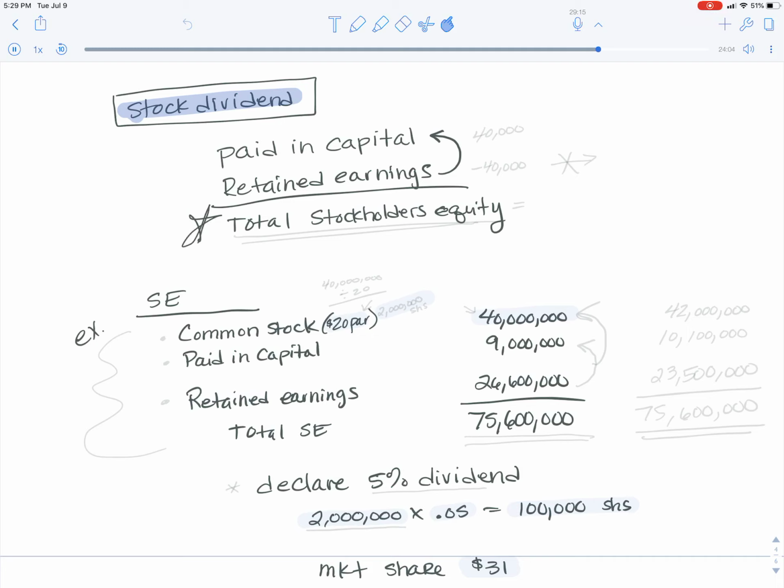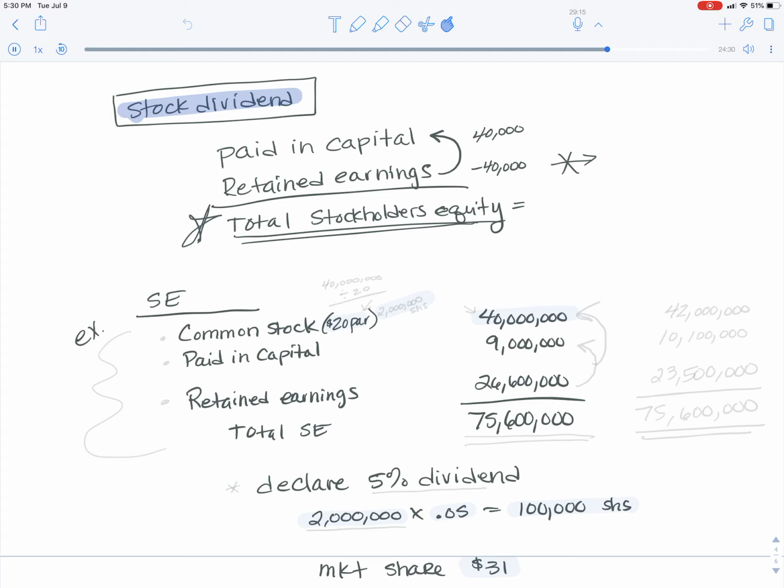So total stockholders' equity does not change when you pay a stock dividend. We're essentially removing the 40 from retained earnings, and instead of paying that to stockholders, we're putting it up here in paid-in capital. So your total stockholders' equity is going to equal the same amount as before.